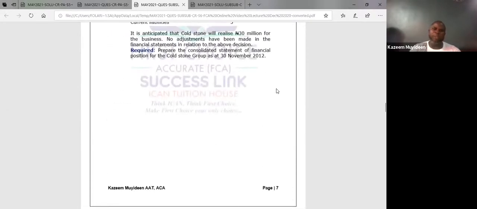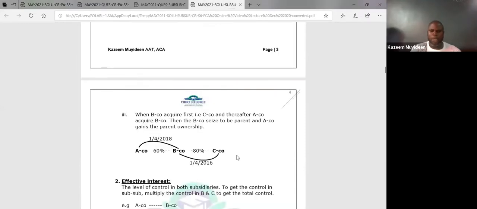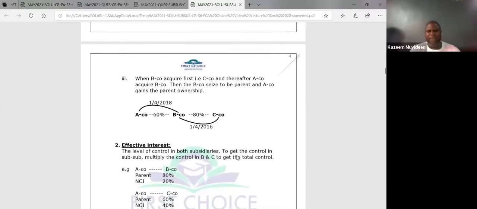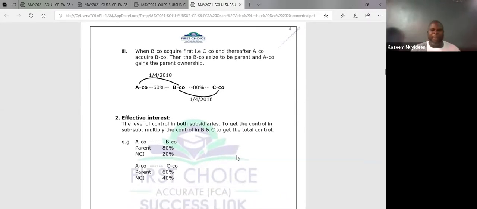Having said that, the next thing we need to know, how do I determine the effective interest? How do I determine the effective interest? It's very simple.